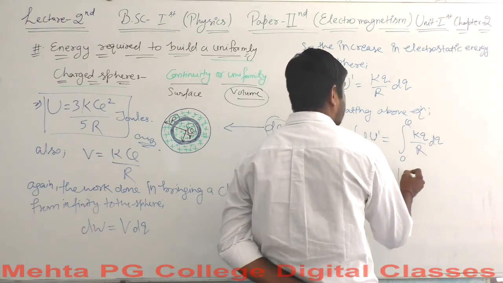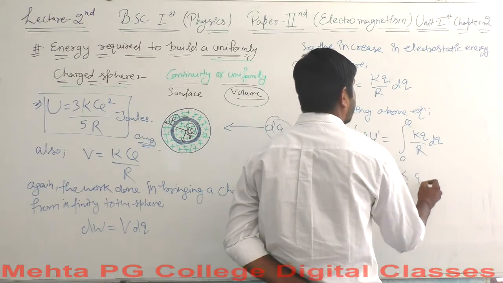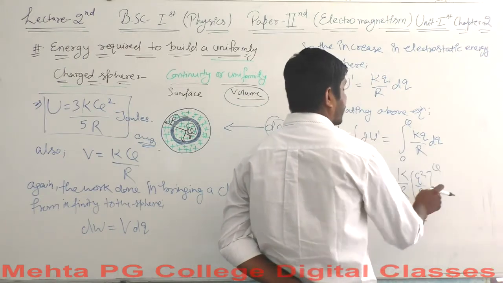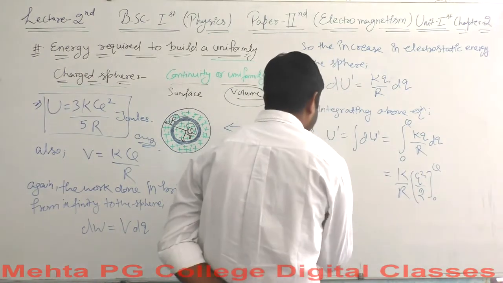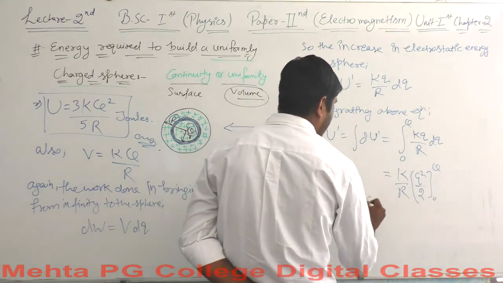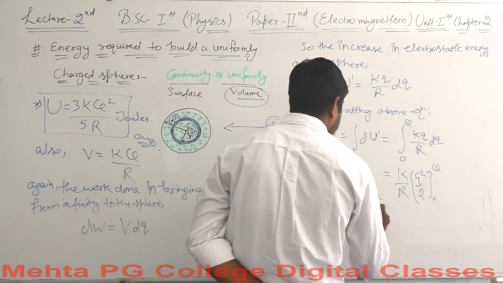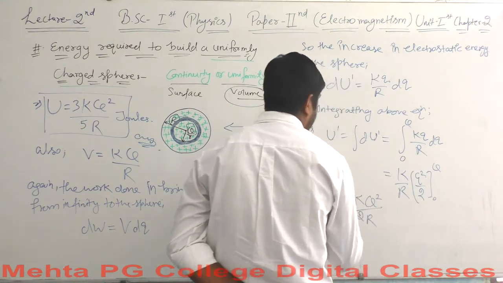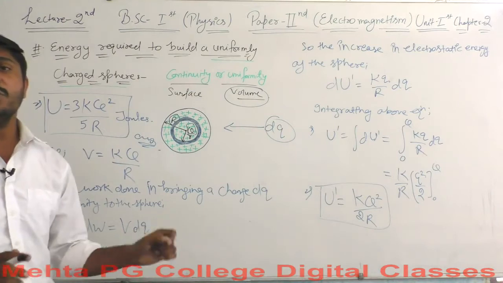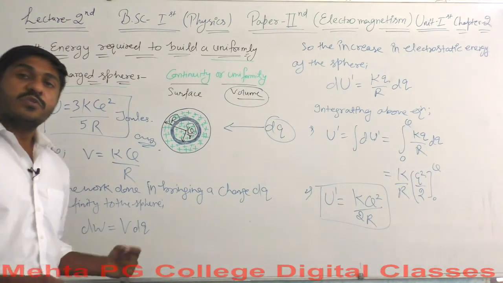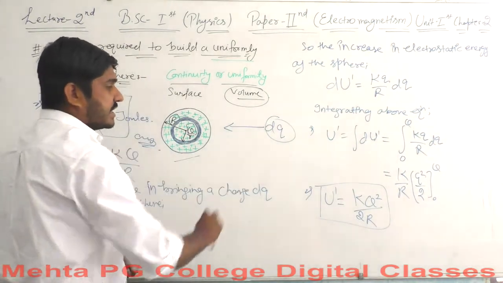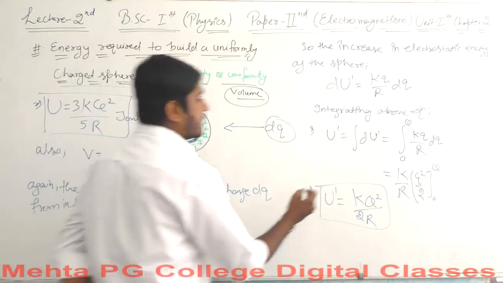K over R is the constant, and the remaining is Q square over 2, with limits from 0 to capital Q. So U dash will be equal to KQ square over 2R. This is the change in internal electrostatic energy when you bring another charge dQ from infinity to a particular point on this spherical shell. That should be the change to be taken into consideration.